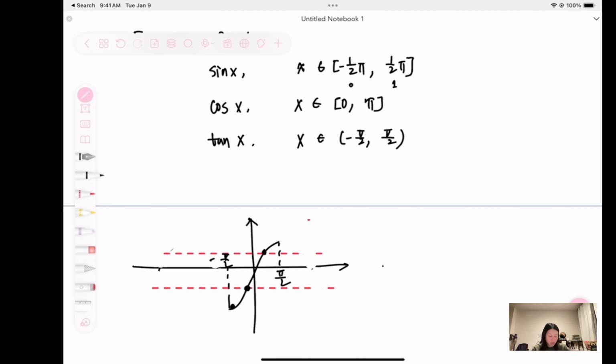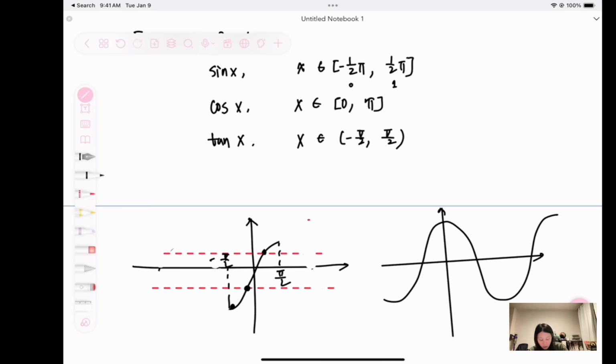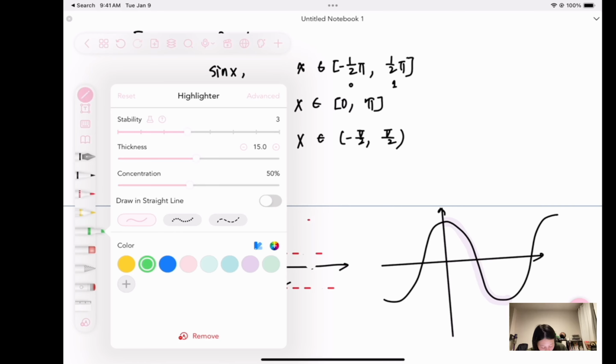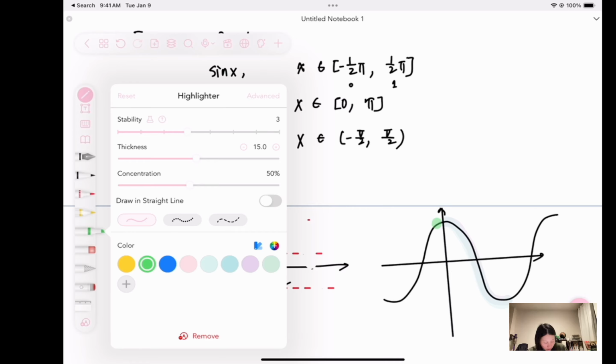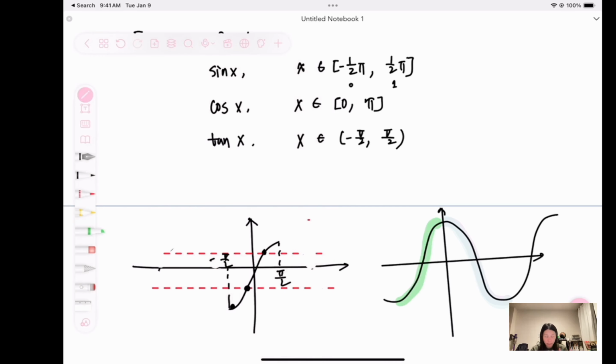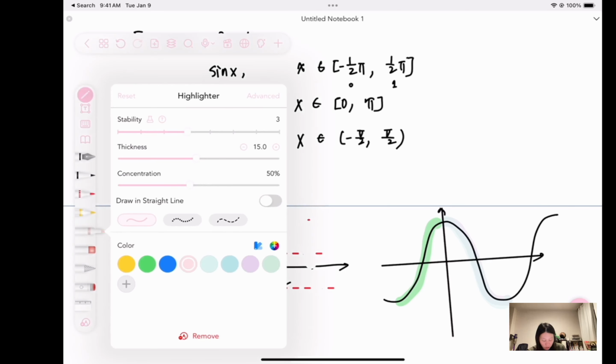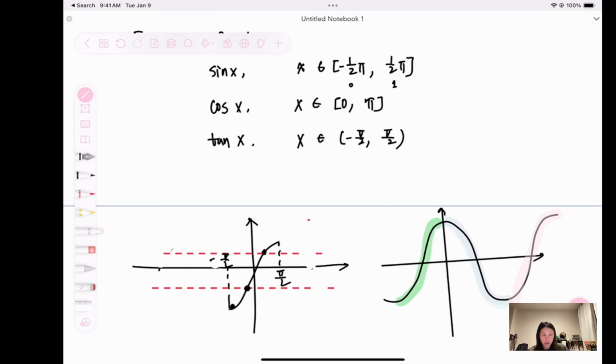Okay, similarly for cosine. We know that the cosine graph looks like this one. And we only want this part, because only this part will pass the horizontal line test. Actually, it can be this part or this part, you have to restrict the domain, or even this part. I don't know if you will be able to see it.